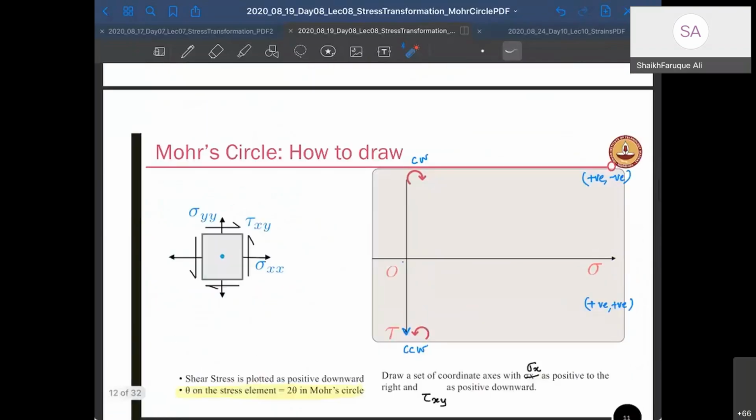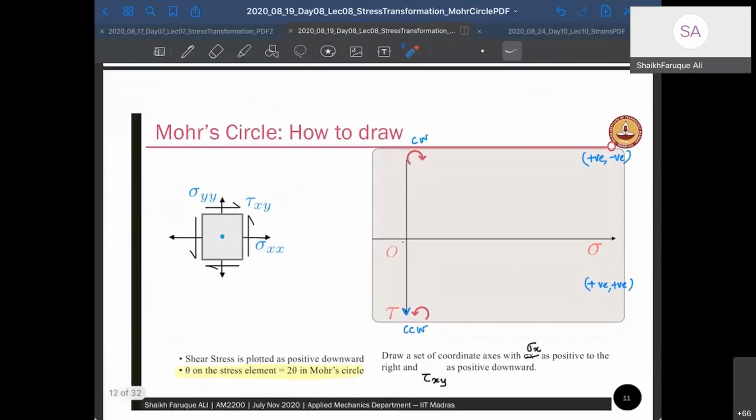What we do first is find a coordinate axis, right? The coordinate planes are like this. Please note the coordinate planes have their own representation. The positive axis on the right side is the positive sigma, so positive normal stress. The downward axis is positive shear stress, and that represents a counterclockwise shear stress.